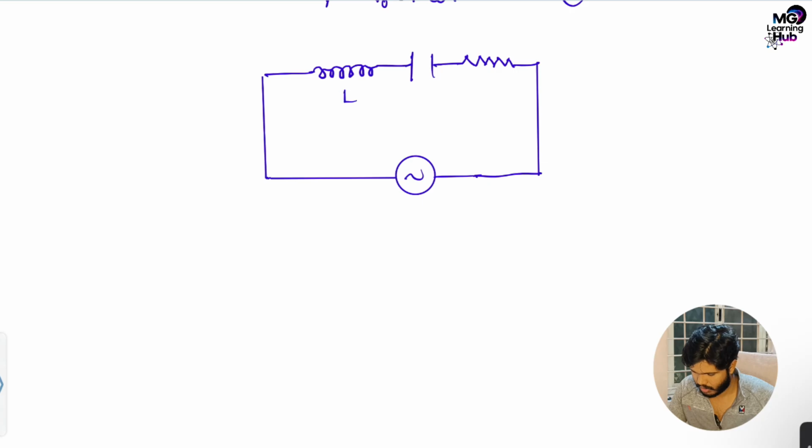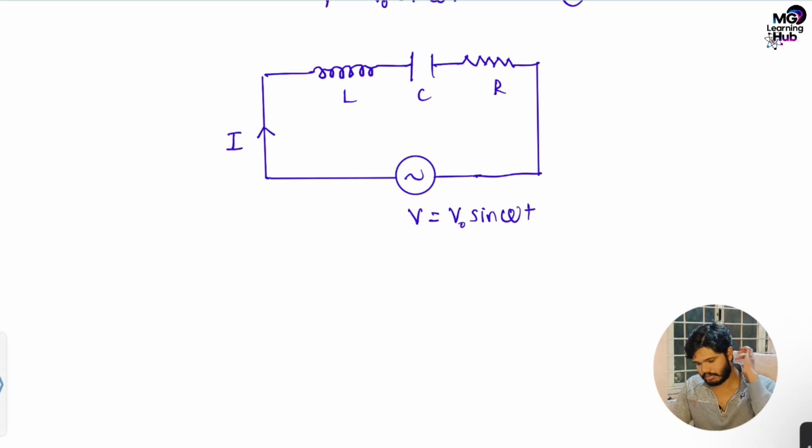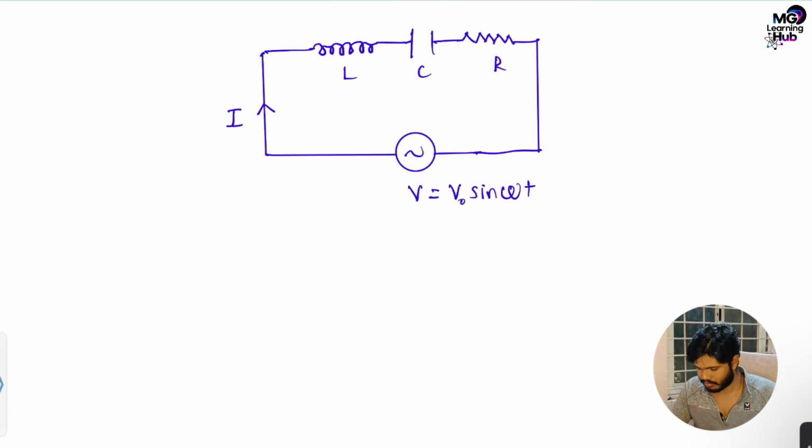This is LCR and this has a voltage V naught sin omega t, and source ke connect ಮಾಡಿದ್ರೆ there will be current I flowing through it. Okay, so write down that.